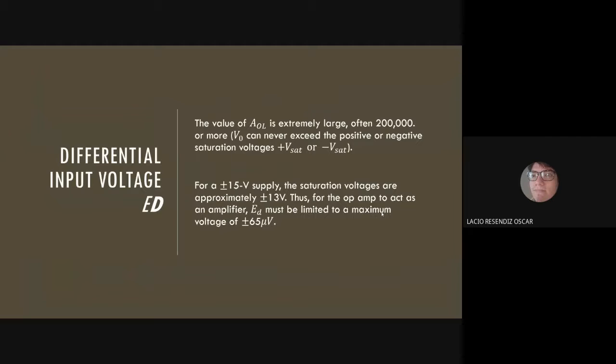For a plus or minus 15 volt supply, the saturation voltages are approximately plus or minus 13 volts. Thus, for the op-amp to act as an amplifier, ED must be limited to a maximum of plus or minus 65 microvolts.